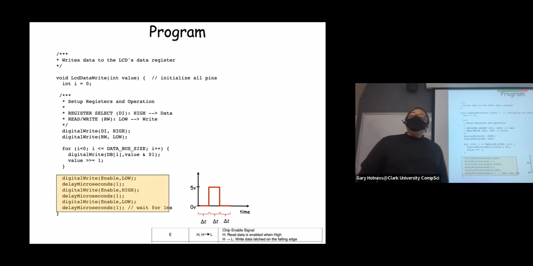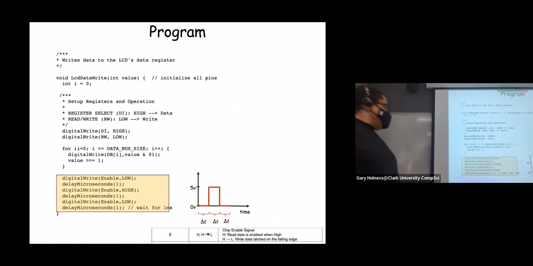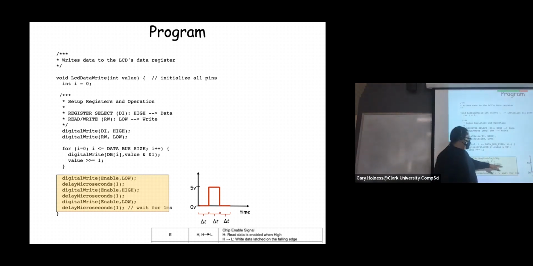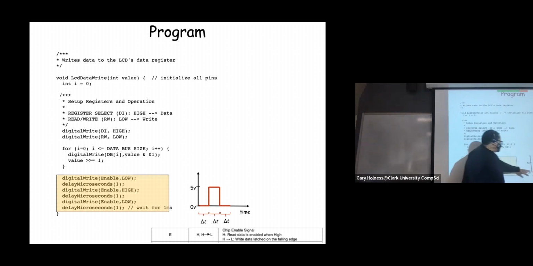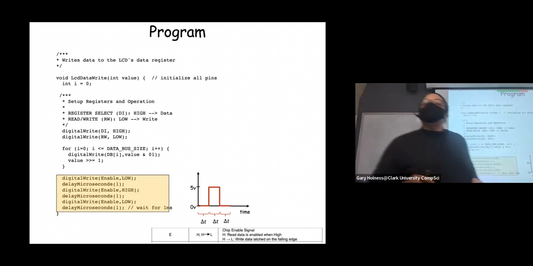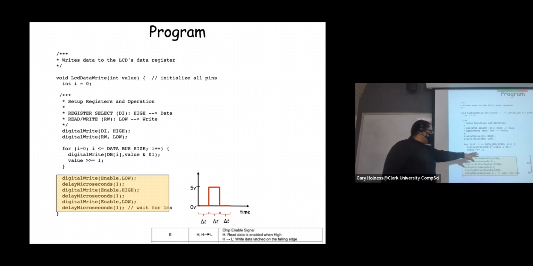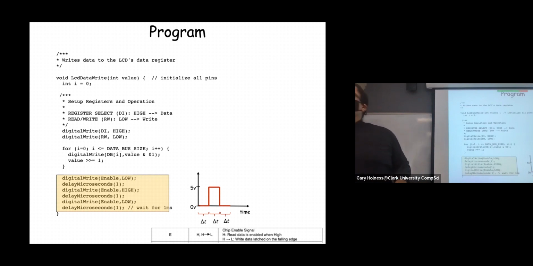Now I go ahead and implement my clock signal. My clock signal says, if I want to do a write, I have to go from high to low. But at the moment, it's low. So I enable this clock, that enable pin, to be low for some period of time, bring it high for that same period of time, and then bring it low again. It's on this high-to-low transition that it pulls the value in and writes it on the device, the LCD. Here, this is a square wave. It's almost like pulse width modulation, but it's only one cycle, right?